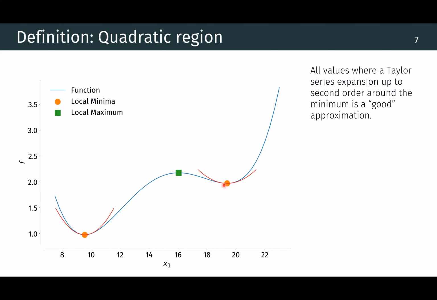And you can do that up to second order. If you do it, what you get is this red curve over here. And you see that in both cases, even though the local curvature is different, for some region around the minimum, this is a pretty good approximation. And we will use that in the discussion later on.